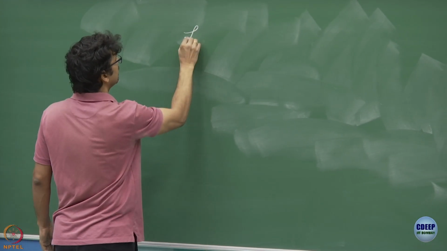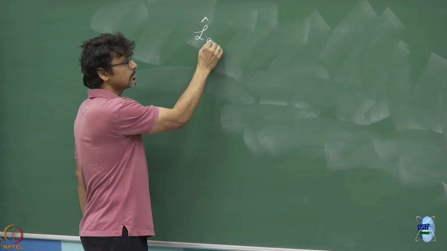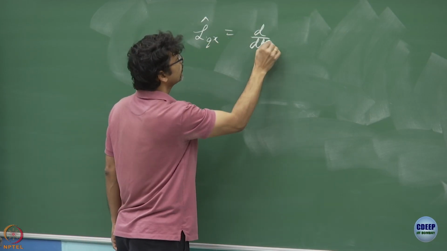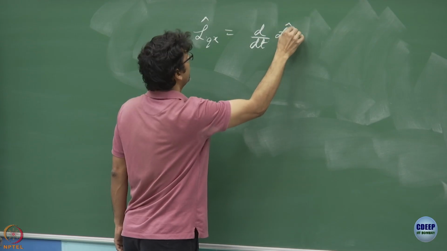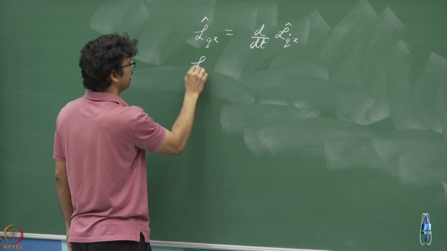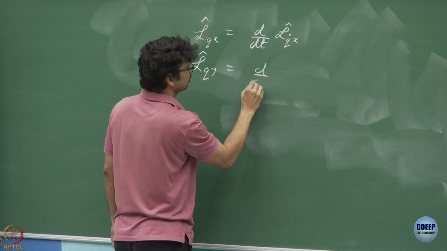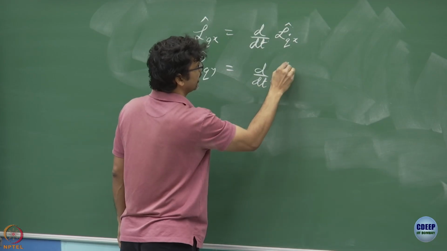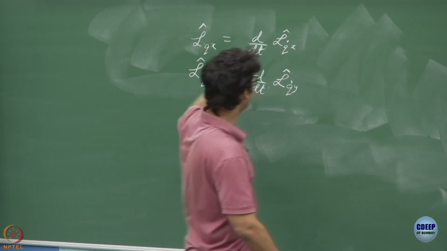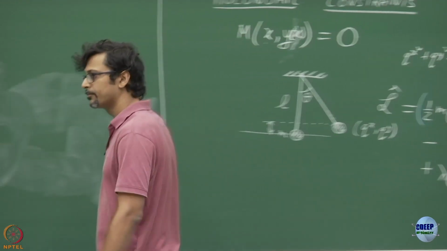This L hat partial with respect to Qx is equal to ddt of L hat with respect to qx dot, and L hat qy is equal to ddt of L hat qy dot. So those are my two equations for this pendulum. I have chosen Cartesian coordinates here.